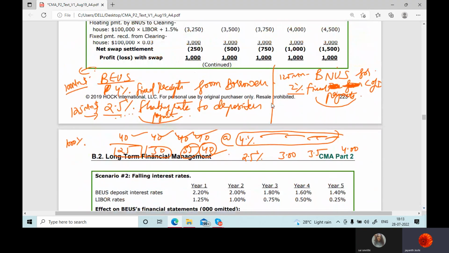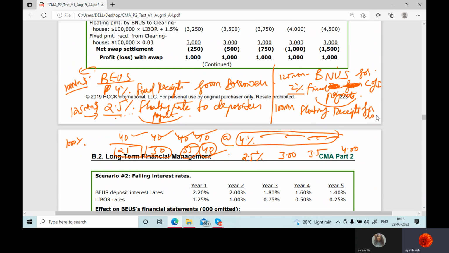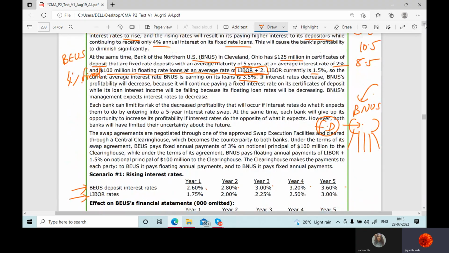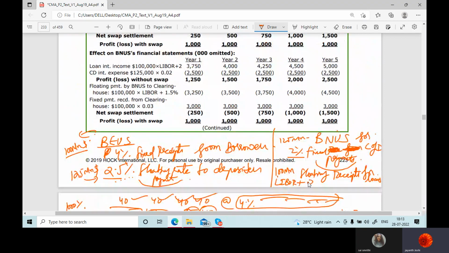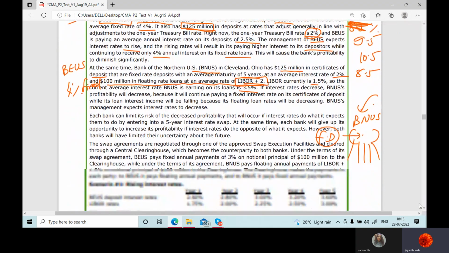So 100 million, floating receipts for loans, LIBOR plus 2.